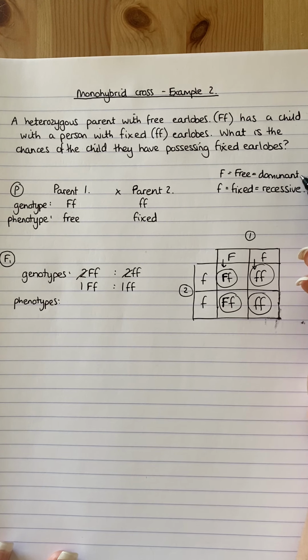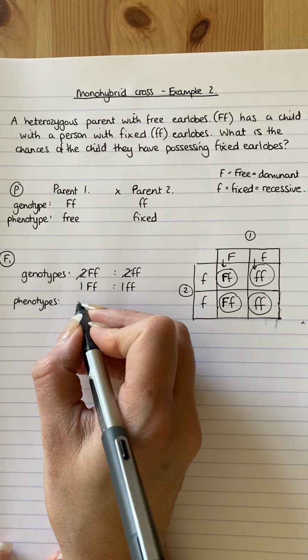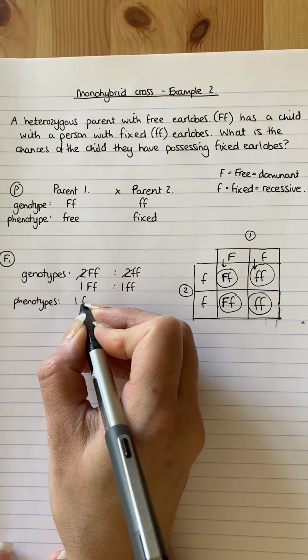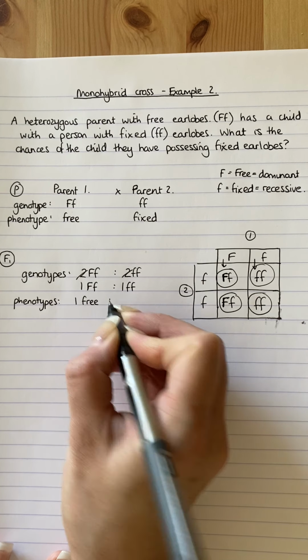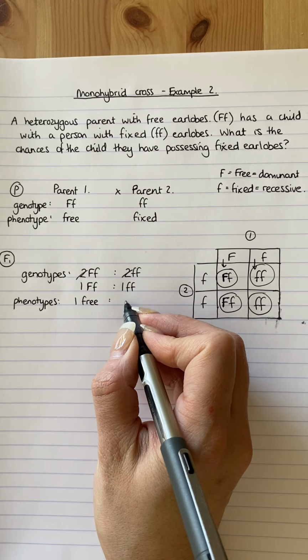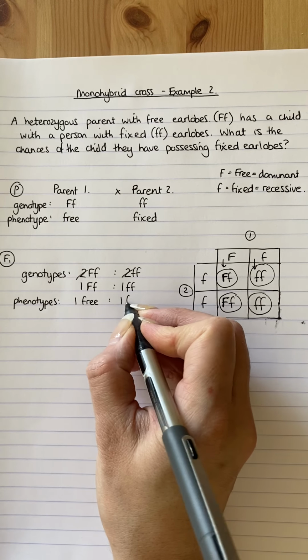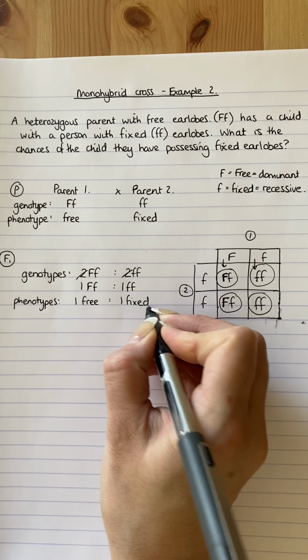These have a capital F at one point, so that means they have free earlobes. These have two small alleles, two recessive alleles, and that means they have fixed earlobes. So we have one potential child with fixed earlobes.